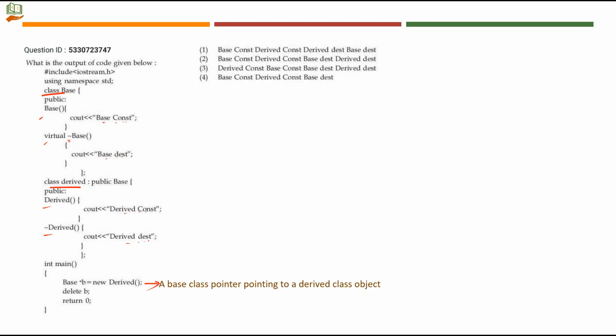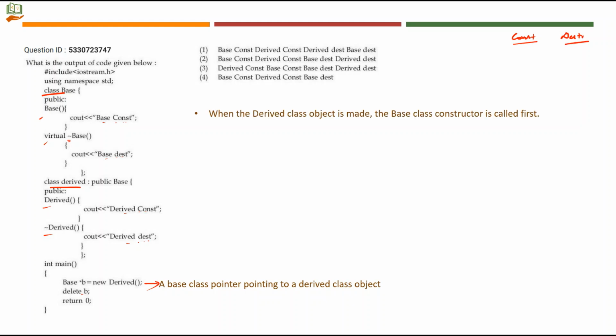It means they want to know when an object is created, what the order of execution will be, whether base is executed first or derived is executed first. Similarly, by deleting the object, they are asking which destructor is invoked first. So we have two aspects to the question. We have to know which constructor is invoked first and which destructor is invoked first.